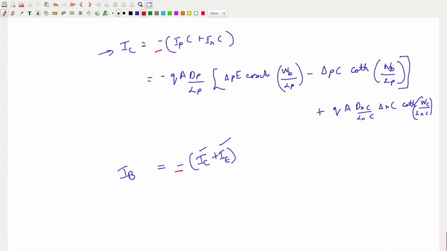That direction is being shown by this negative sign. So we have seen equations for IE, IC and IB. That completes our derivation of terminal current of the transistor. Here we have made use of PNP transistor. Similar equations can be written for NPN transistors also by making the necessary comparative changes.